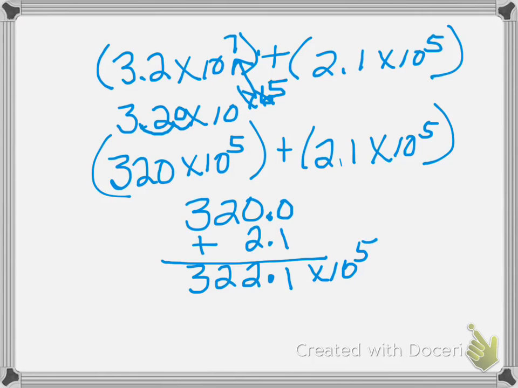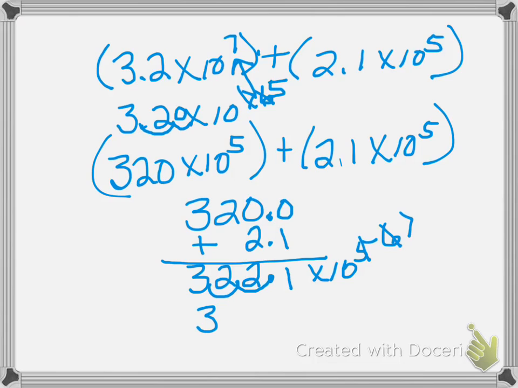Now 322.1 is not an acceptable scientific notation number. It has to be a number between 1 and 9.9. So I've got to move my decimal back, increasing my exponent each time I move a place. So I move it once, it becomes a 6. Move it one more, it becomes a 7.